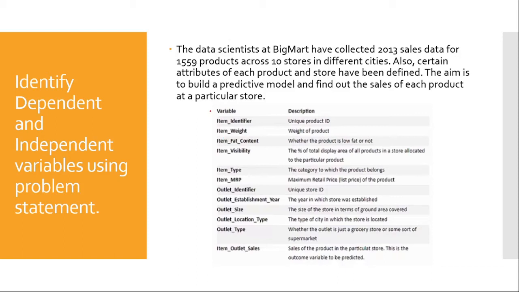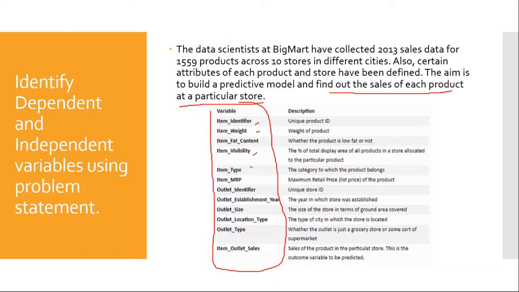So now these are the column names in the dataset: item identifier, weight, visibility, type, MRP, size, outlet type, and the location of the outlet.